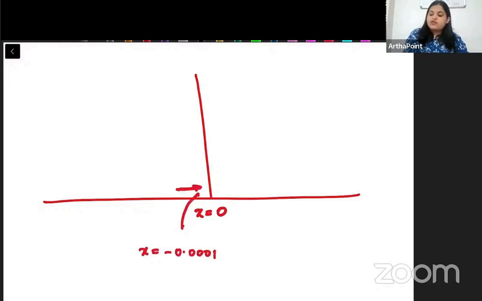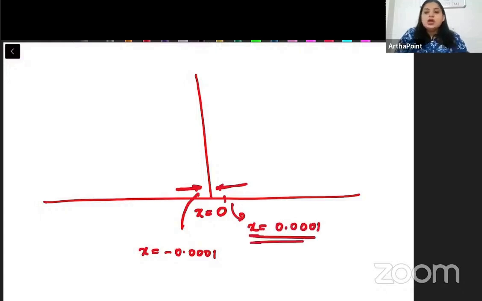It is approaching 0 from here. And what happens when it is very close to 0, but approaching from here? Let's say x is 0.0001. So we are asking what happens if we approach from the left-hand side and from the right-hand side.